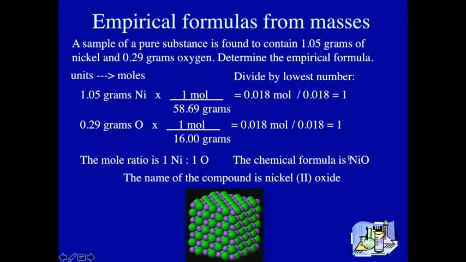Because in any stable compound, in any formula unit, in any molecule, in this case we're referring to a formula unit, the charges must be balanced in your actual sample. So this is why -2, +2, and the nickel 2, that number 2 comes from the charge on the nickel ion.